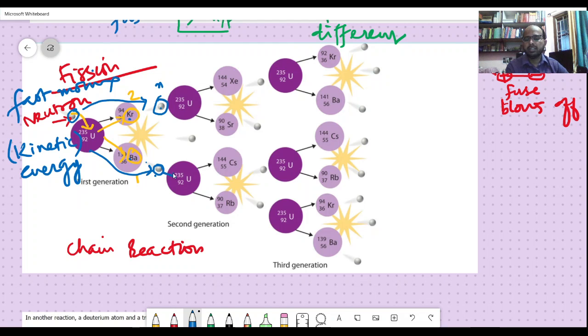Again, this is used to bombard the next U-235. This U-235 and this U-235 are the same, but in a different location. Now this gives rise to xenon, strontium, cesium, and rubidium. So you can get four elements. This is called the second generation of the elements.